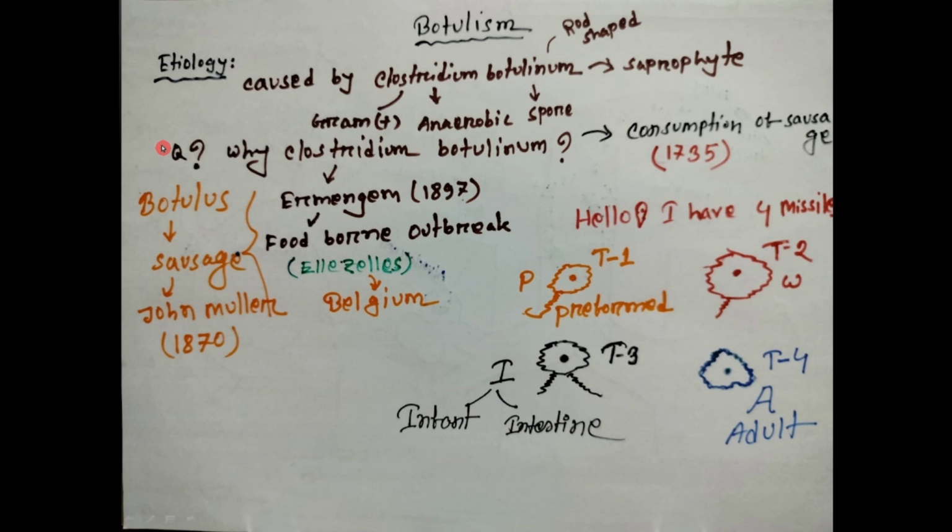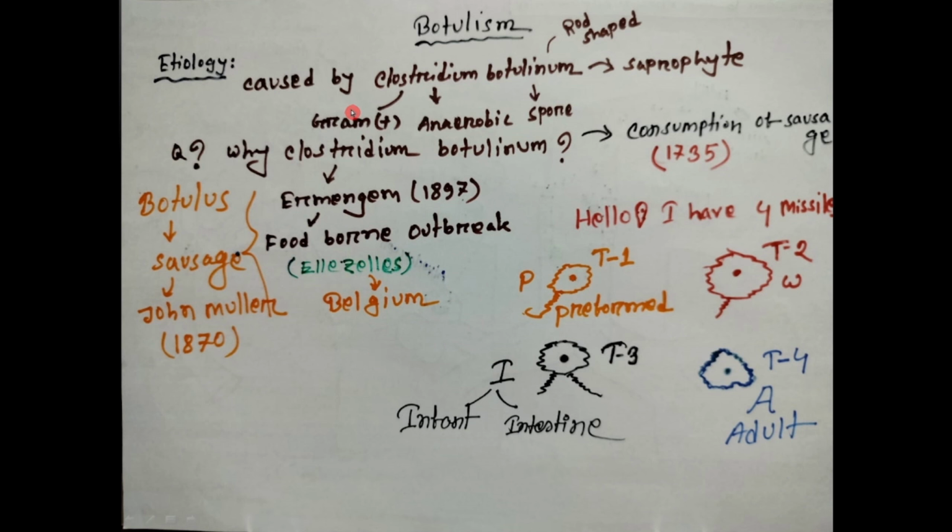The word botulism came from the Latin word botulus, which means sausage, and the name botulism was given by a German physician, Justinus Kerner, in 1870. Then the disease was first described by Van Ermengem in 1897 after the investigation of a foodborne outbreak in Belgium.